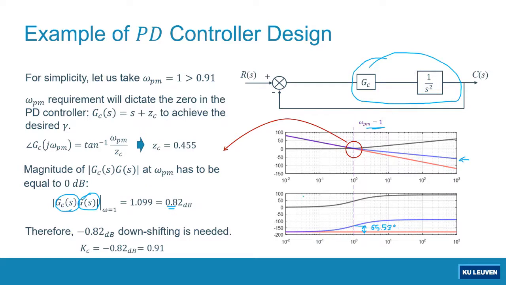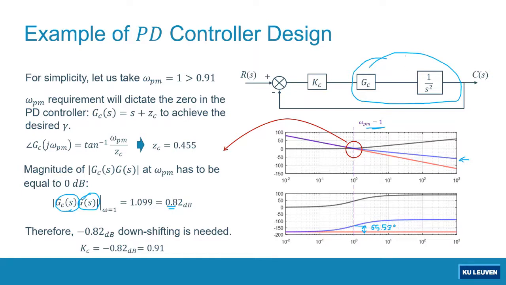Negative 0.82 dB corresponds to 0.91 in linear scale. That means we need to introduce a proportional gain of 0.91. In order to exactly make the magnitude plot cross the 0 dB line at the desired phase margin frequency of 1 radian per second.